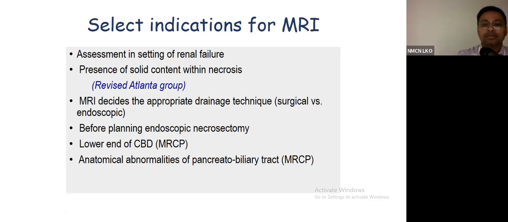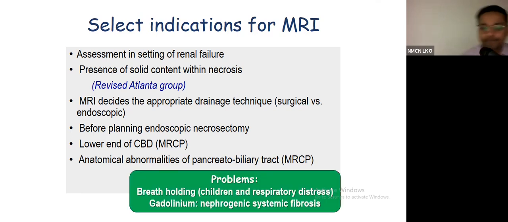So in this scenario, there is a role of MRI or MRCP, especially for the assessment in the setting of renal failure in a case of acute pancreatitis, or the presence of solid component with the necrosis, and also the biliary tree, especially the lower end of CBD, which will be better delineated in MRCP. But in the setting of acute inflammation, the anatomy may not be properly delineated.